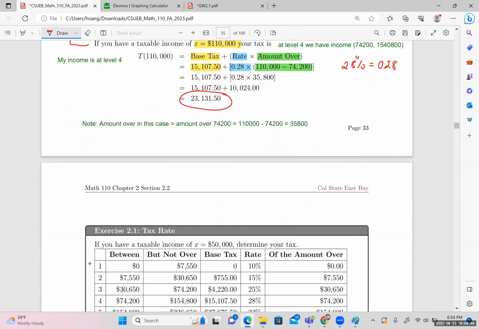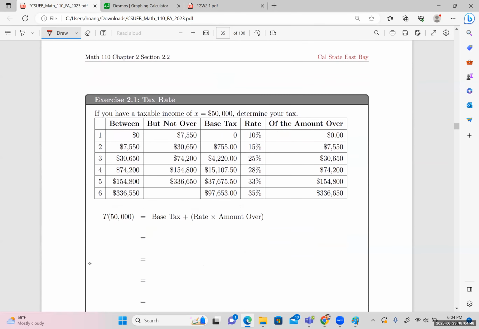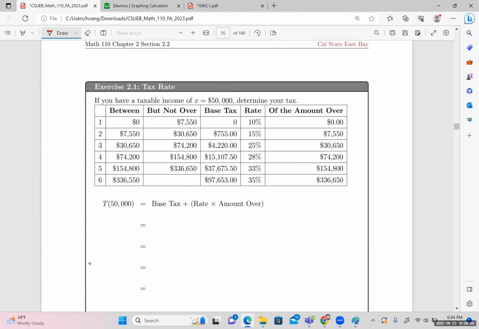So we have exercise 2.1 to practice with. Keep in mind, try to find what is the level of 50,000. You should see that it is in level 3, okay?